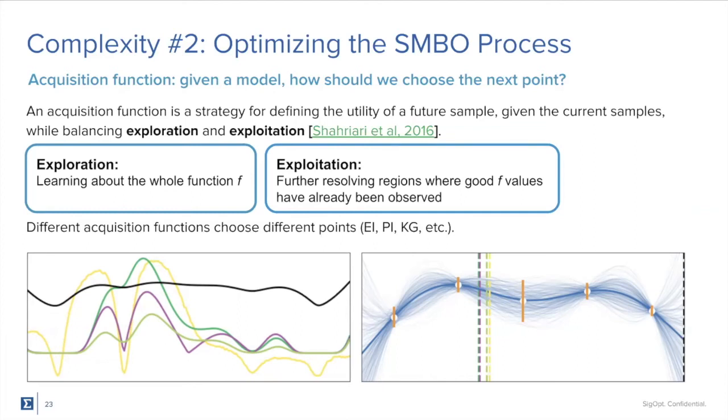You're trying to solve the problem where you find the top of this peak, which is why we are switching between what is known as exploration, where you're learning about the space, and exploitation, where you're narrowing down on the peak. And there isn't really a hard line between what is what, or when you should do what. But again, that's one of the trade-offs that we help you make.